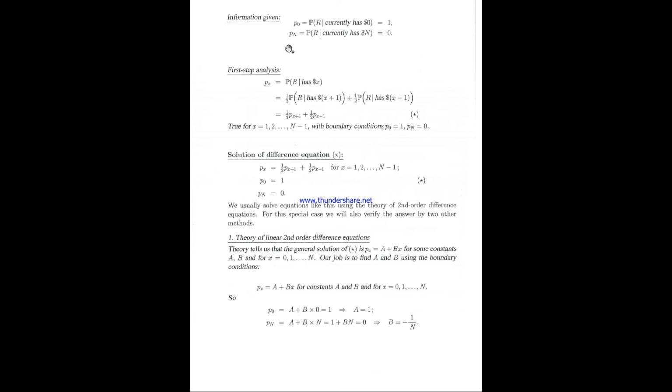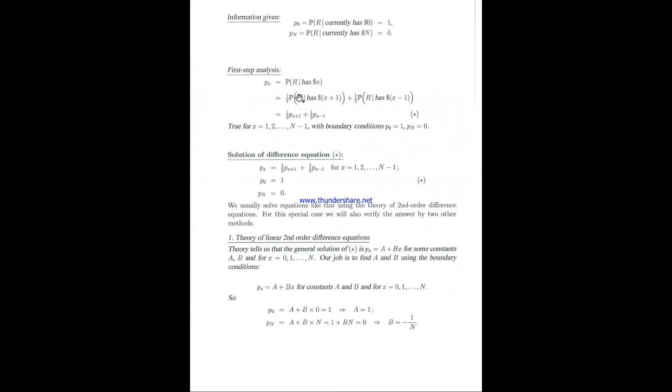When you take the first step analysis, as I showed you in the figure, when you have X amount in your hand, you have two first steps. You can go to state X plus 1 if you receive a head, and you can go to state X minus 1 if you receive a tail. Since we are tossing a fair coin, you have the same probabilities, that is 0.5.